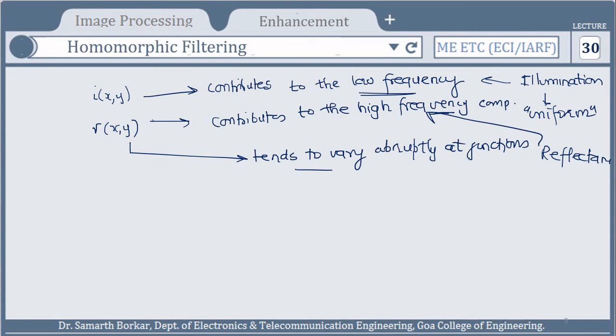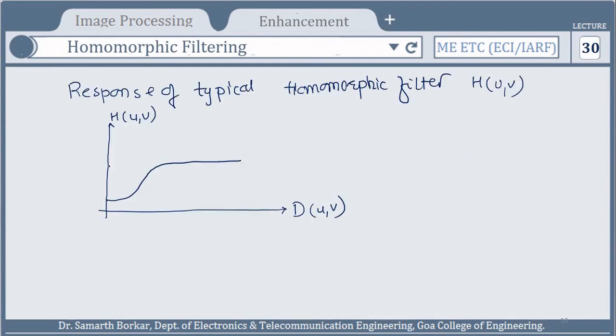Fine. Now let us mark this as YH and this as YL. Now generally this value of YL is less than 1 and YH is greater than 1.